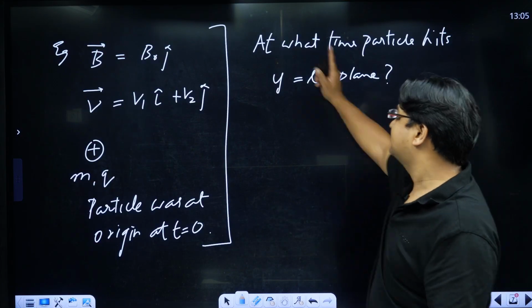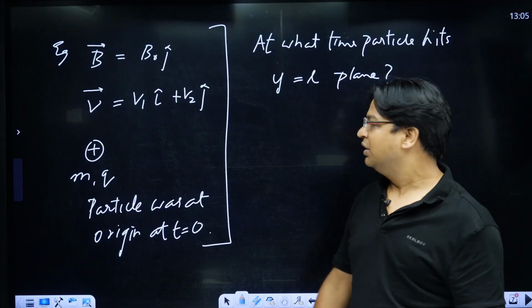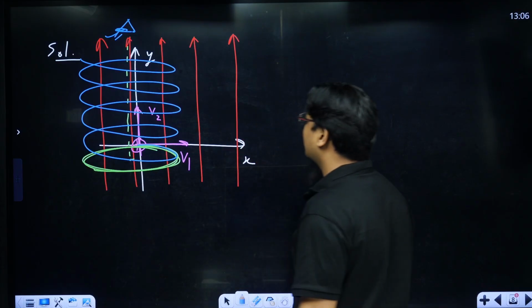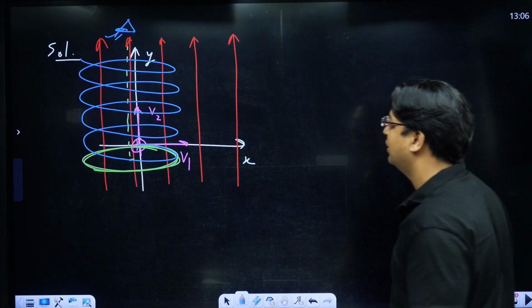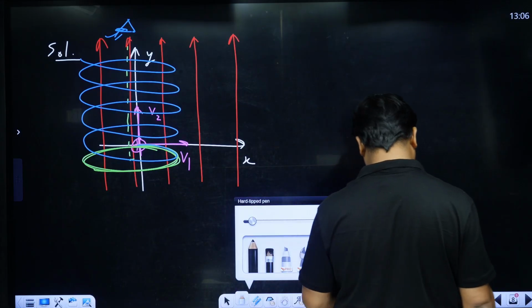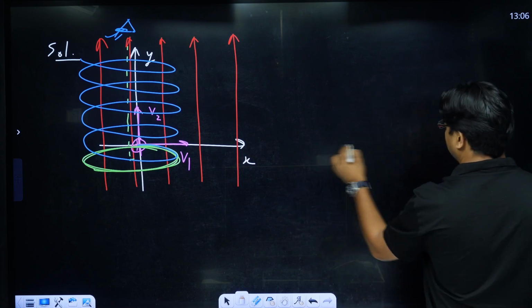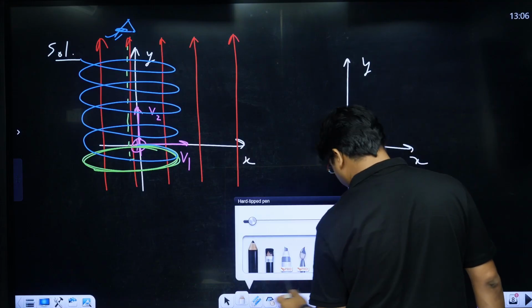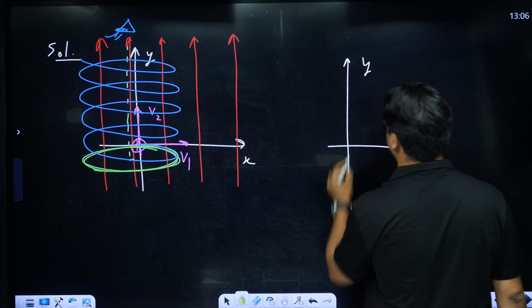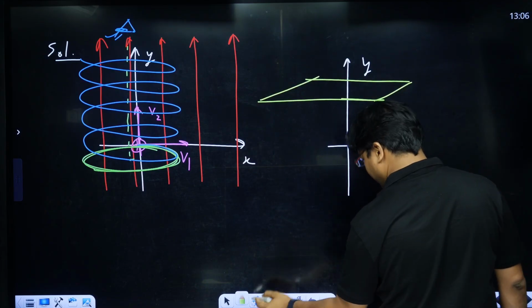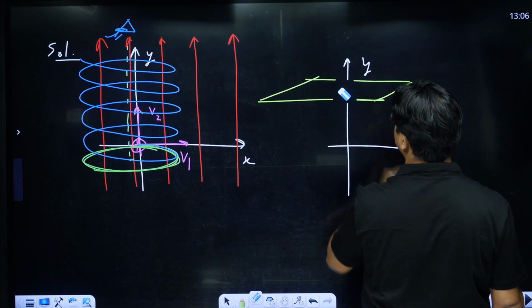As far as this question is concerned, we've already solved it. How? See, in this direction, the particle is traveling with a constant speed. And if we are talking about a plane which is y equal to L, y equal to L would mean a plane perpendicular to the y axis. So if this is the x-axis, this is the y-axis, the y equal to L plane would mean something like this.